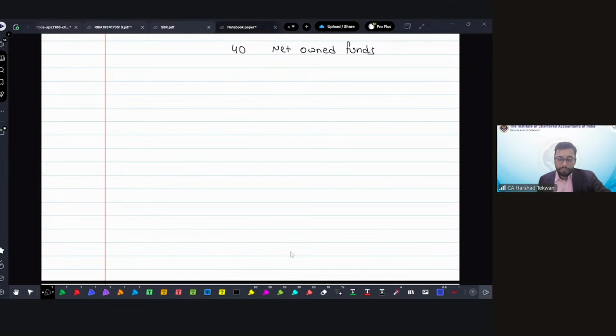There are infrastructure finance company, core investment company, non-banking financial company, microfinance, investment and credit company, and also the operating financial holding company, asset finance company, investment company, loan company, mortgage guarantee company, like that. There are so many types of NBFCs, sir. Okay, okay, very good.